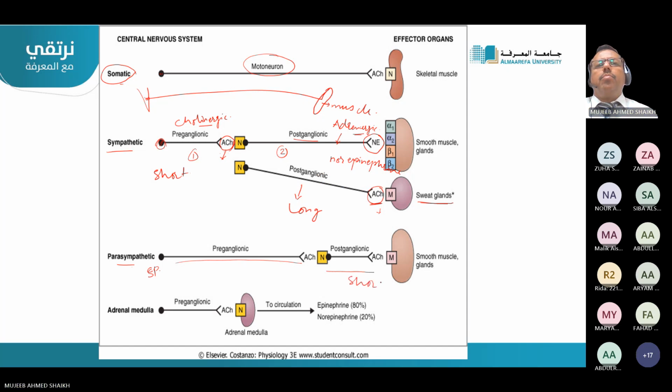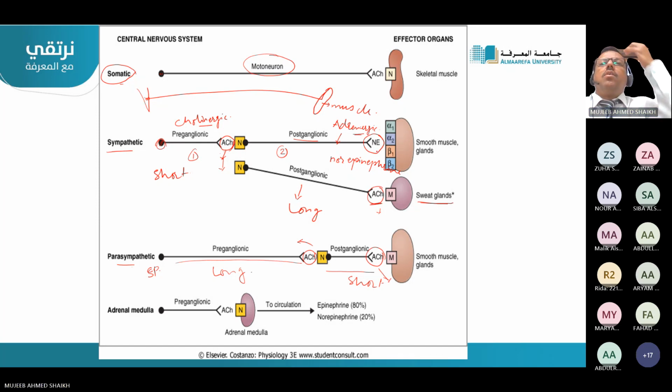So postganglionic fibers are short, preganglionic fibers are long. In the ganglion, the preganglionic fiber will secrete acetylcholine, the same as here. Here also the same acetylcholine.